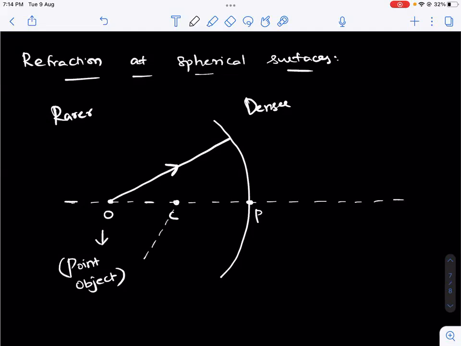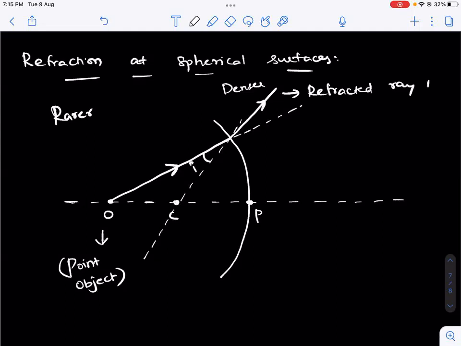Now, at the point of incidence, if you draw a normal, then this becomes the angle of incidence, right? When the ray is traveling from rarer to denser medium, what happens? It starts bending towards the normal. So this is going to be one of the refracted rays. I'll say refracted ray 1.